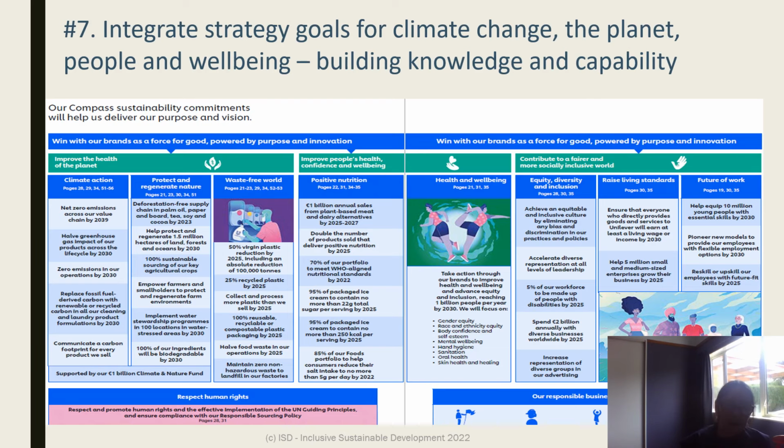Now, another example is how Unilever have integrated their goals for climate change, for the planet, and for people. They've got climate action, regenerating nature, looking at nutrition, about healthy eating, health and well-being, and looking at their staff and the future of work.